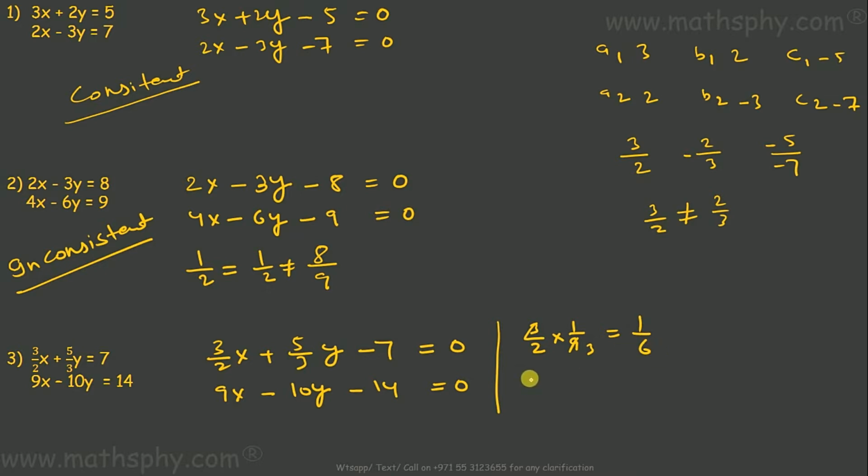B1 over B2, 5 over 3 into 1 over 10 negative, which is 1 over 6 negative. Now here A1 over A2 is not equal to B1 over B2. So no need to check for C1, C2. This will give me intersecting lines, means consistent equation.